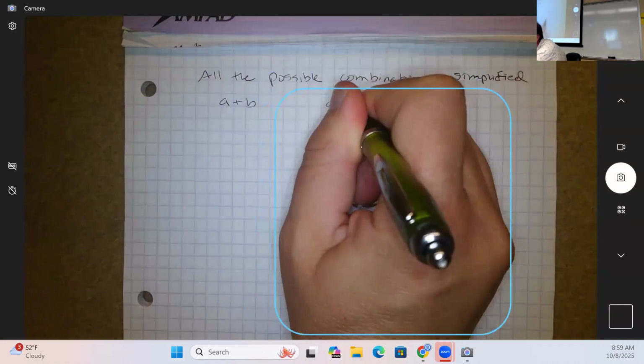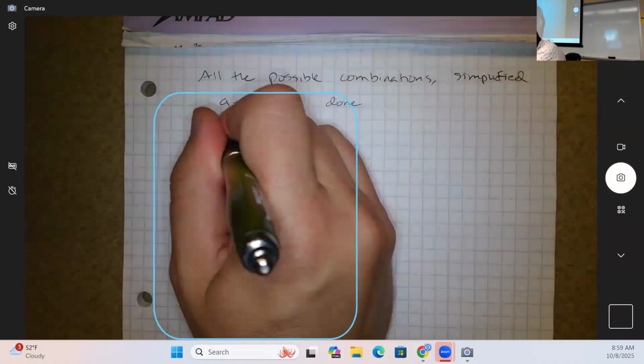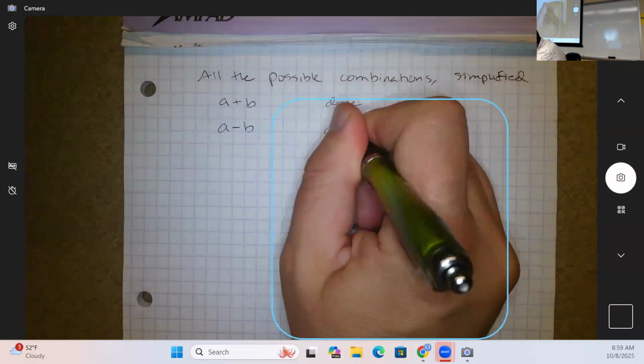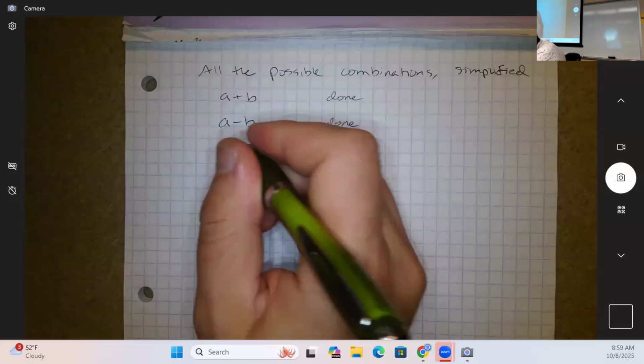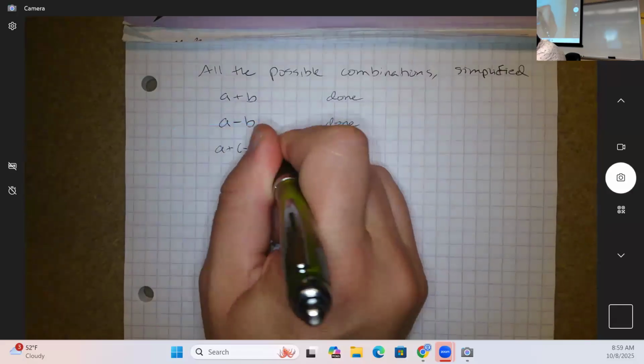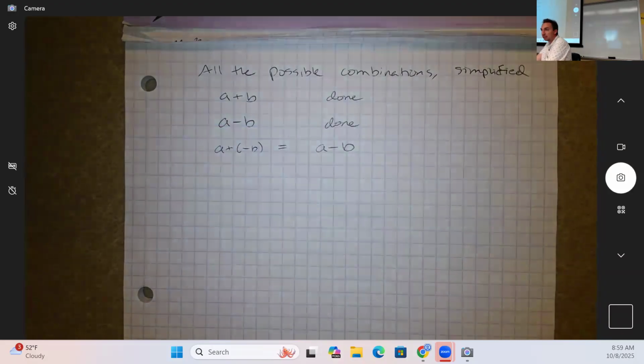A plus B, that's as simple as possible. A minus B, also as simple as possible. A plus negative B, I can rewrite as A minus B. Plus a negative is like subtracting the number.